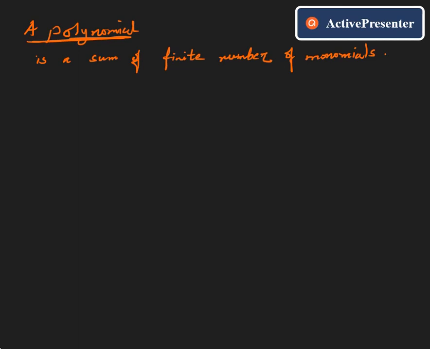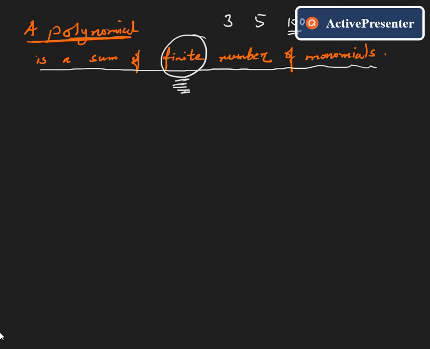Finite means 3 monomials, 5 monomials, or 100 monomials. You cannot have an infinite number of monomials. If there is an infinite number of monomials, then it is not a polynomial. So it should be a finite number of monomials.